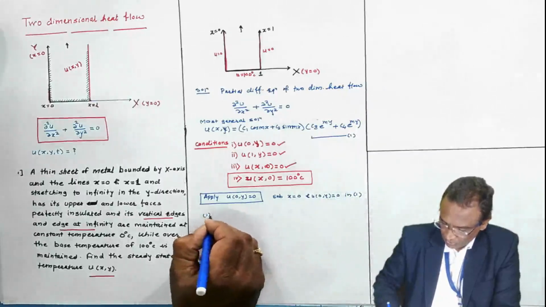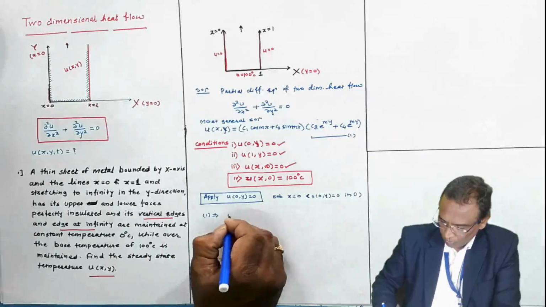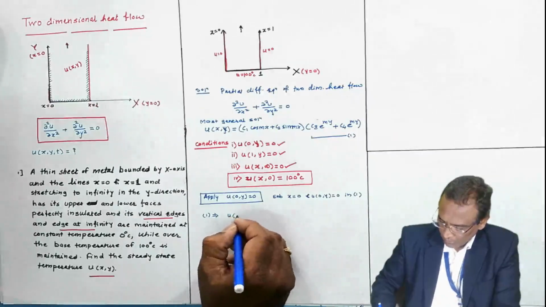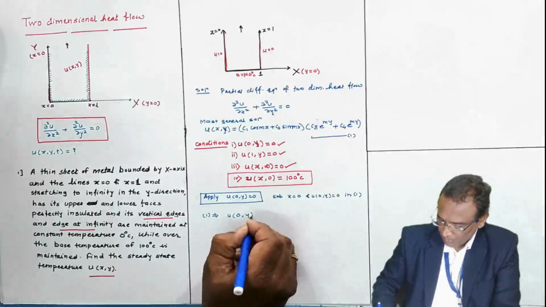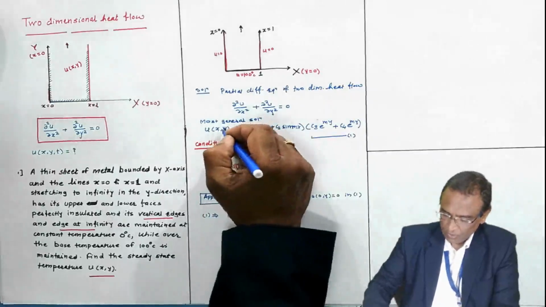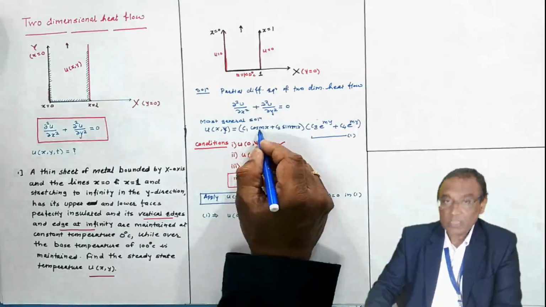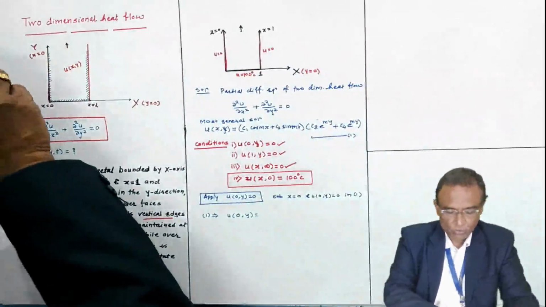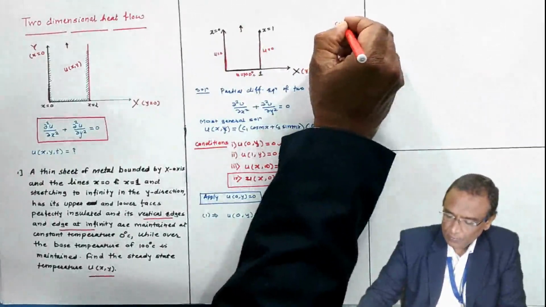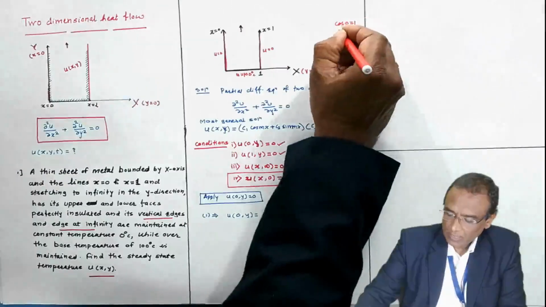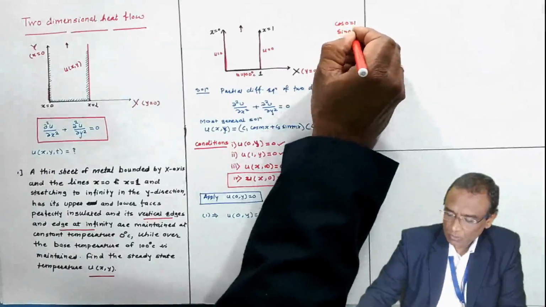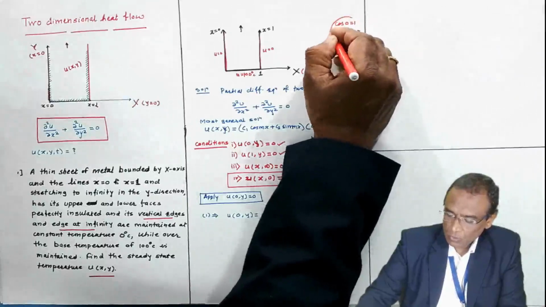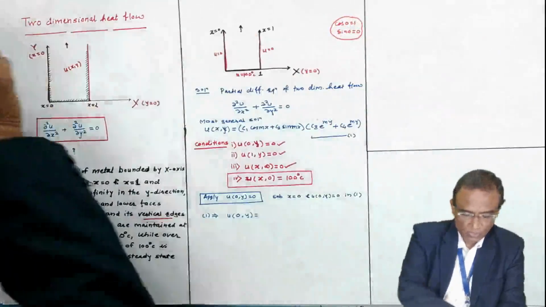Equation 1 now gives u of (0, y): I am putting x equal to 0. Cos of 0 is 1 and sin of 0 is 0.